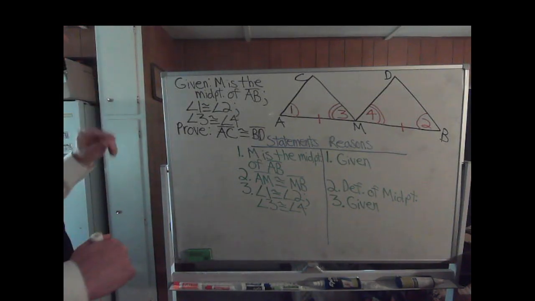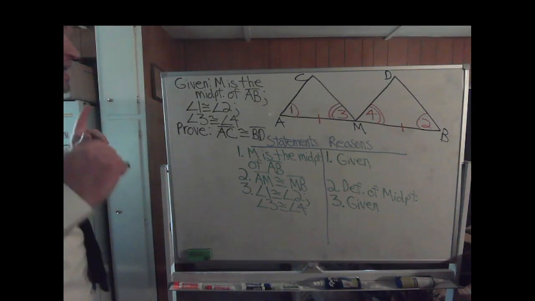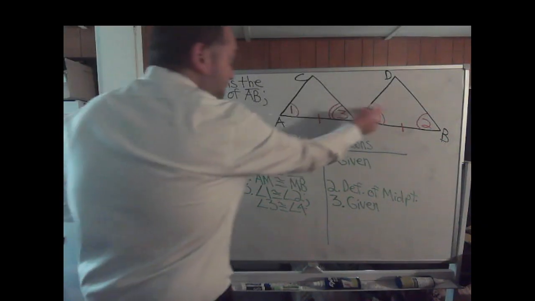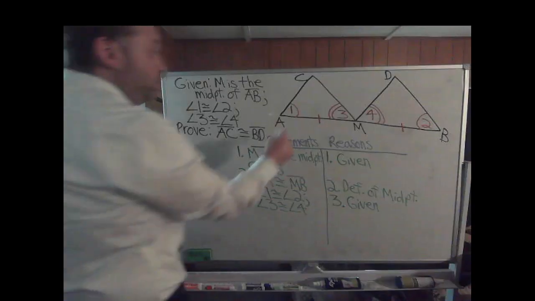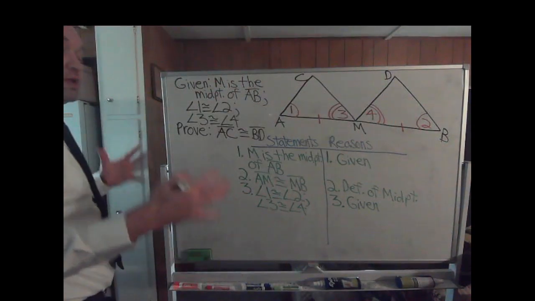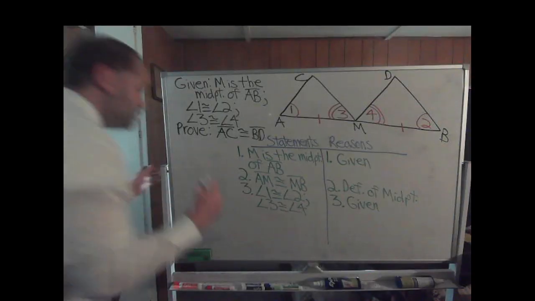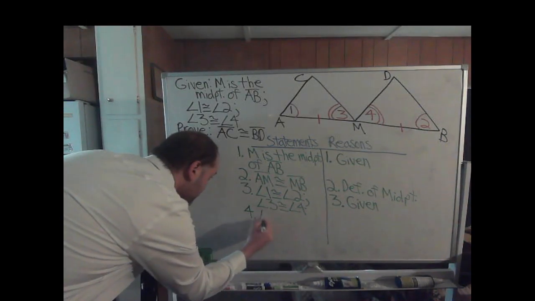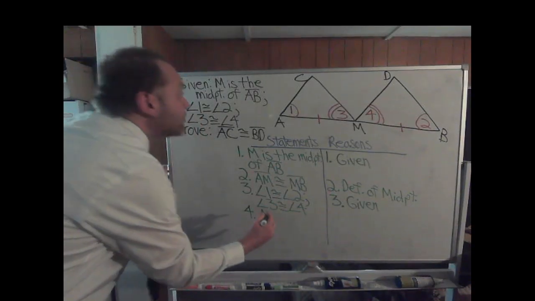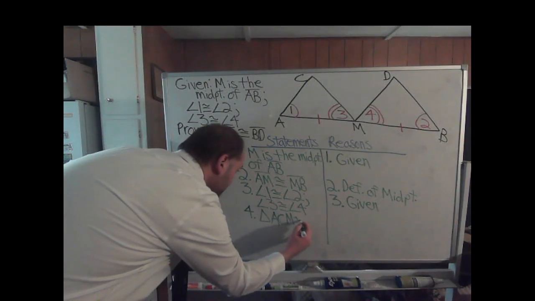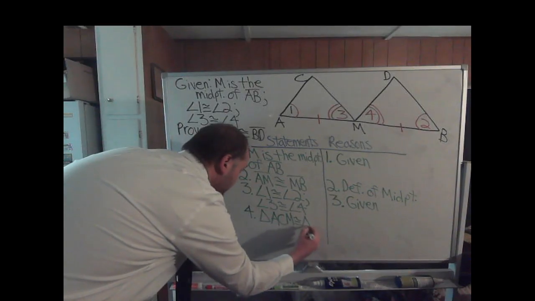Well, I would say our next step is to prove these two triangles congruent. Each one has an angle, side, angle that are congruent. So our next step is to say that triangle ACM is congruent to triangle BDM.